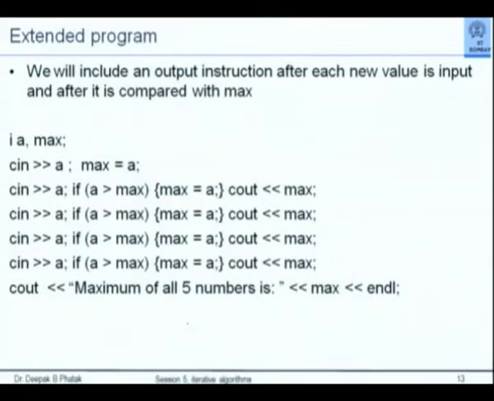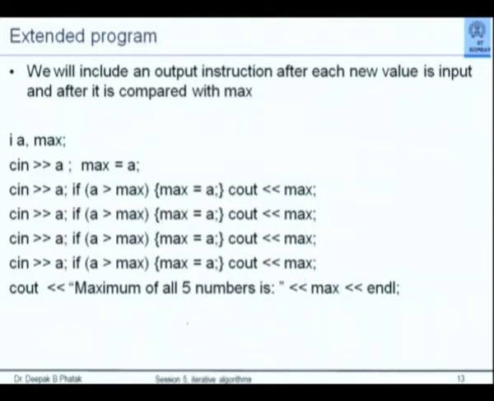This is the crux of our identification. We have now identified a block which can be executed repeatedly. In this block of 3 instructions, I add a 4th instruction now, an output statement which has been kept after the assignment to max.